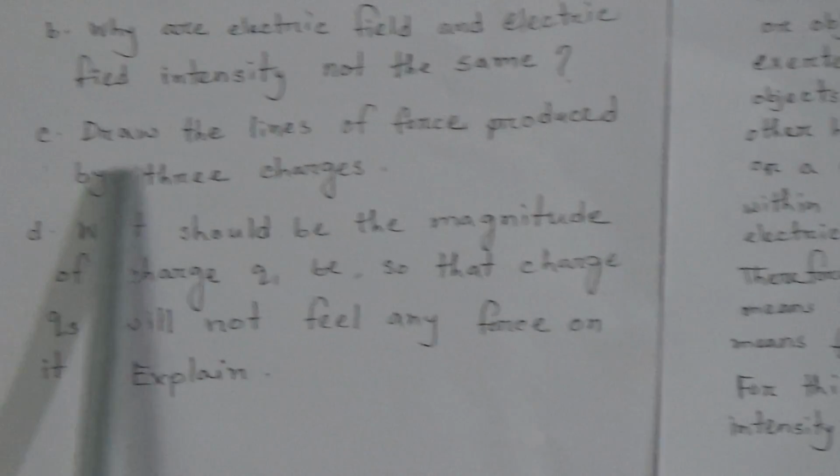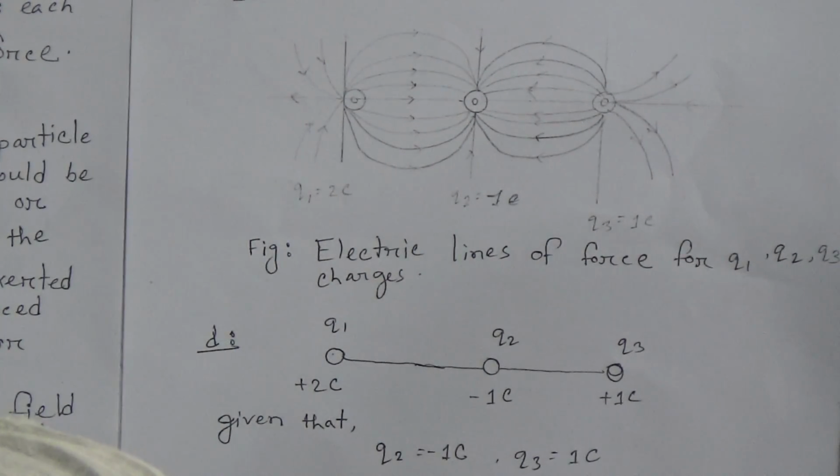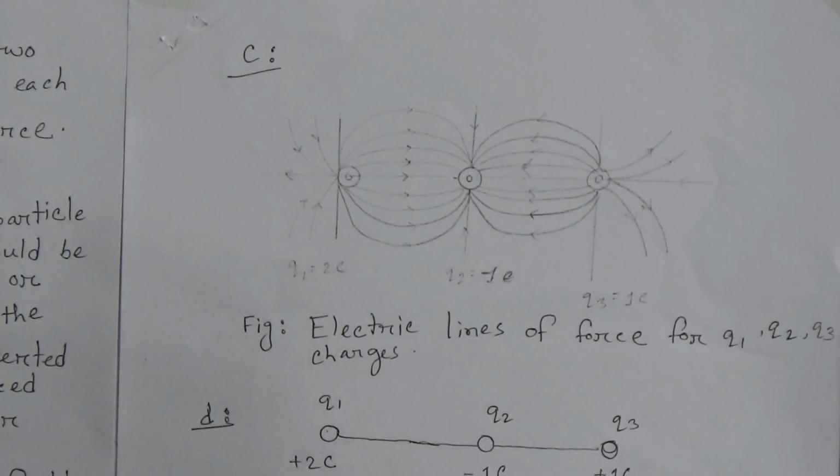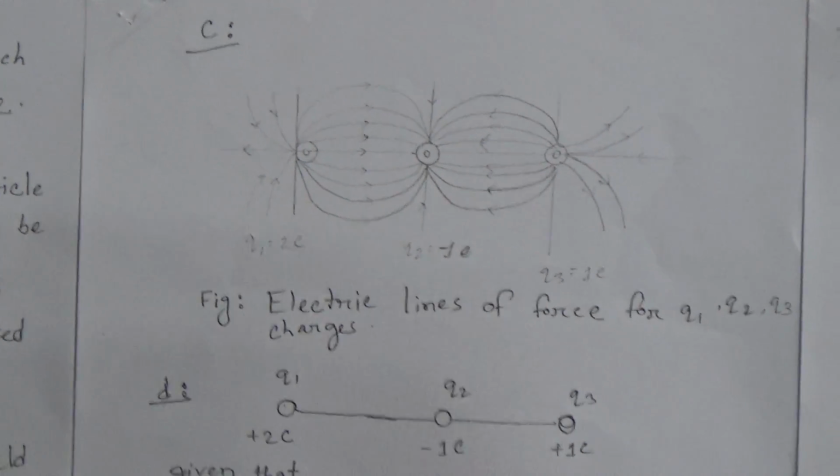Now come to question number C, draw the lines of force produced by the three charges. My dear students, this is an easy question. See, this one is the first charge, Q1 equals 2 coulomb.